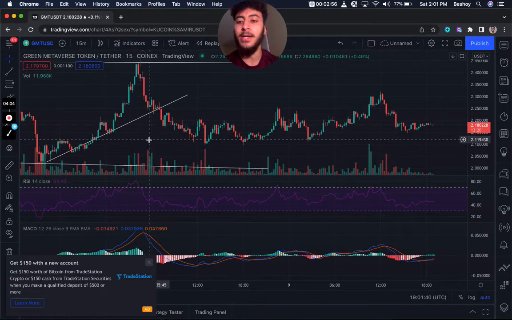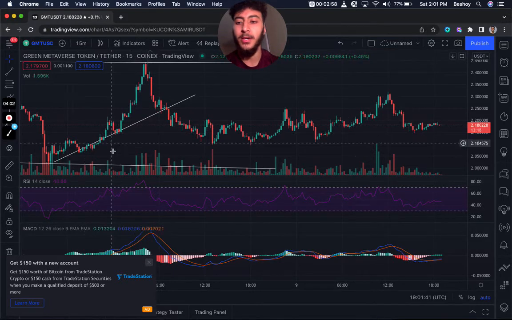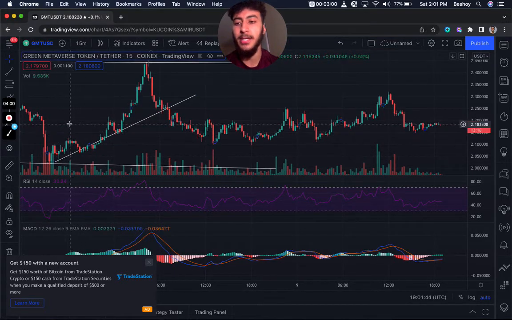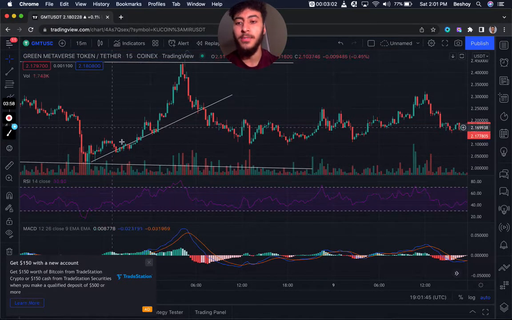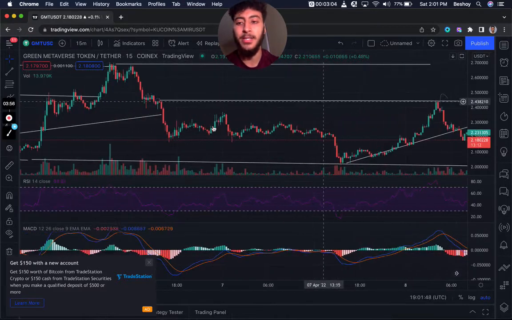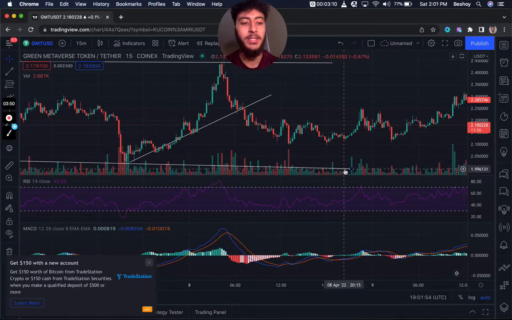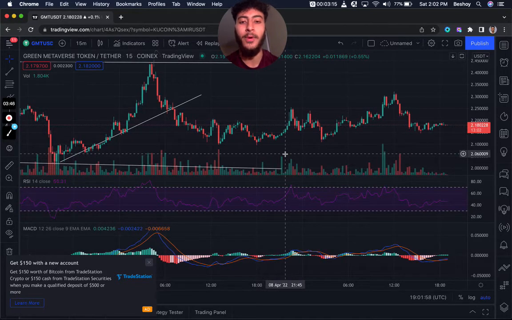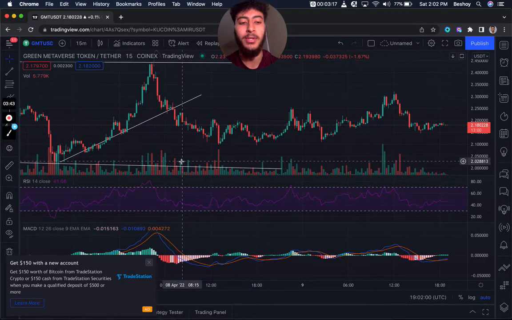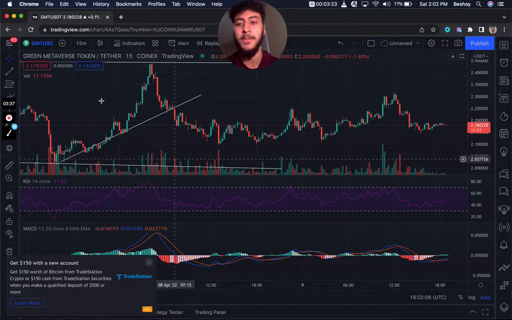As of now, for the 15 minutes, these are the best areas that I find for support, since we went back there several times to fill in the gaps and another gap here. So I know this is the premium level for GMT if you want to get into the project at 1.99, since price went back there several times, and we were also oversold at these areas. In my opinion, these are the best areas I see in the 15 minutes.